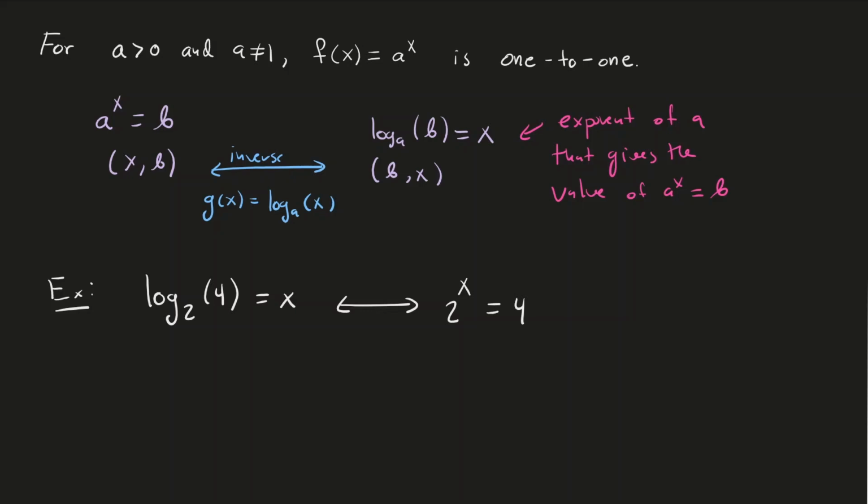Now going back to the idea of exponential equations, we then will solve this by saying, well, 2 to the x is equal to 2 to the squared, so then x is equal to 2. So what that is telling us is that log base 2 of 4 is equal to 2. So this is the exponent, 2, that when we square 2, it gives us 4. So 2 squared is equal to 4.